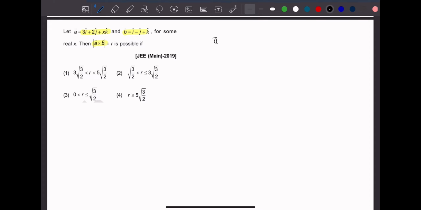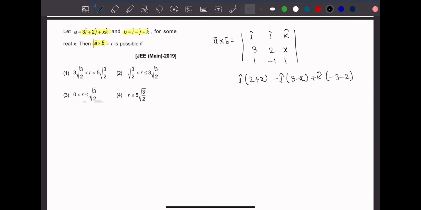So if I'm going to find a cross b, we have i cap, j cap, k cap, 3, 2, x and 1, minus 1 and 1. Okay, which means we are getting i cap as 2 plus x, minus of j cap 3 minus x, and plus of k cap, that we are getting minus 3 minus 2.